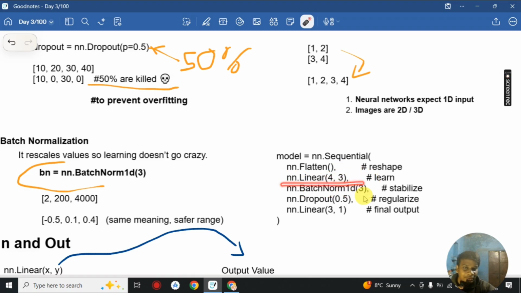Then we have our linear layer, then our batch normalization layer, which basically stabilizes. Then we have our dropout layer, which prevents overfitting. Then we finally have our linear layer. And here the output and input should be the same. Do check it.